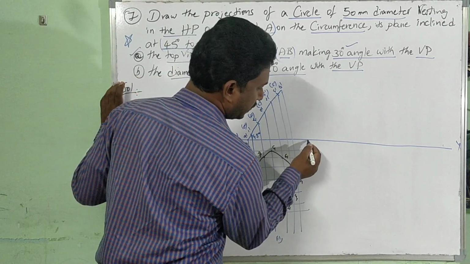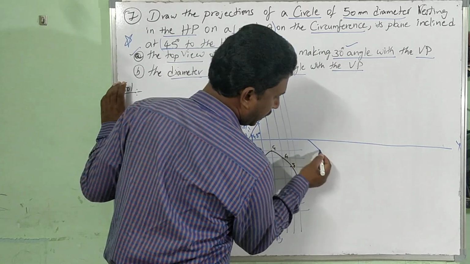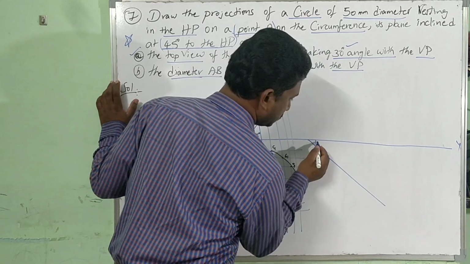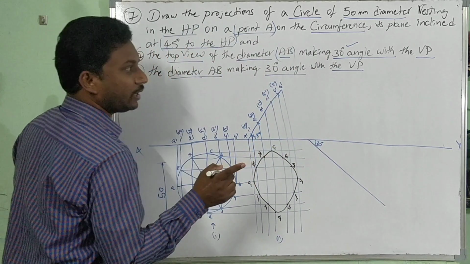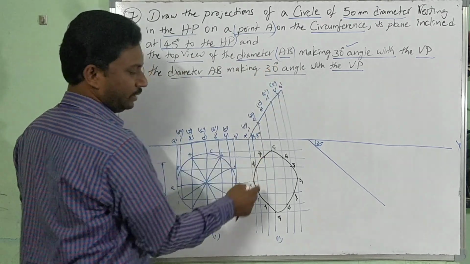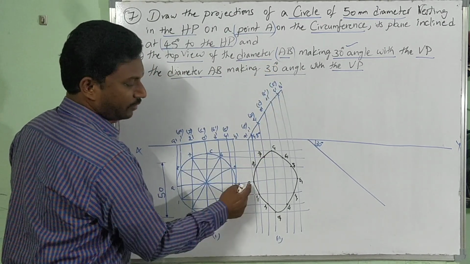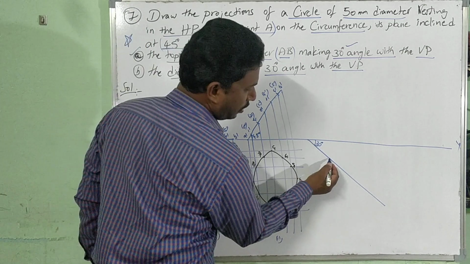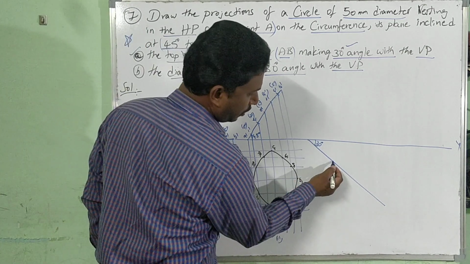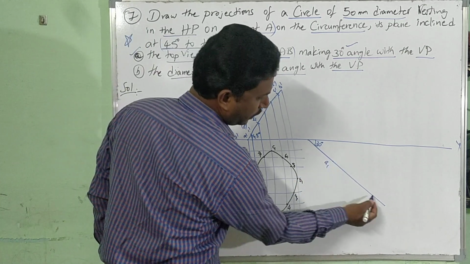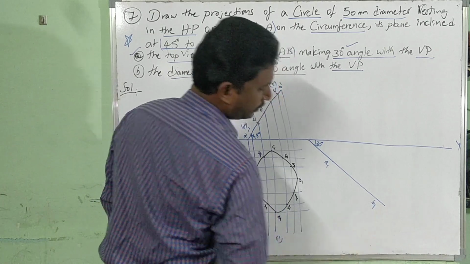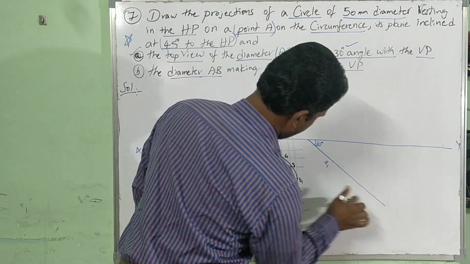So here in the top view, let me take a point here separately at an angle of 30 degrees. What should be there on 30 degrees? The diameter AB, whose second stage top view is A1, B1. Now on this you are supposed to plot A1, B1.